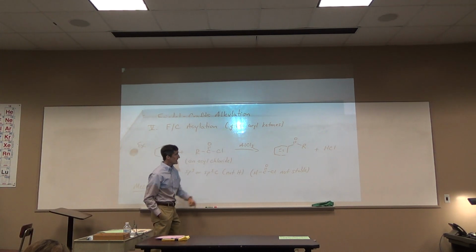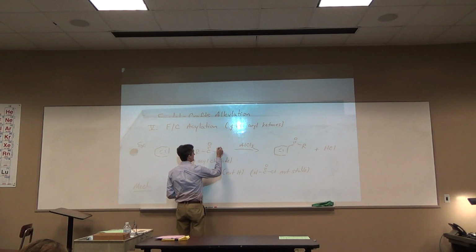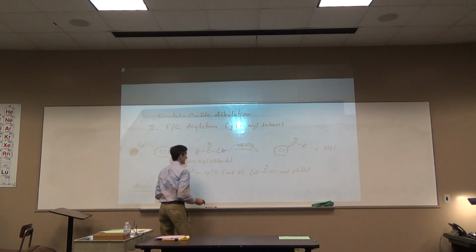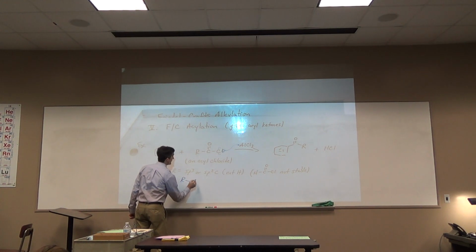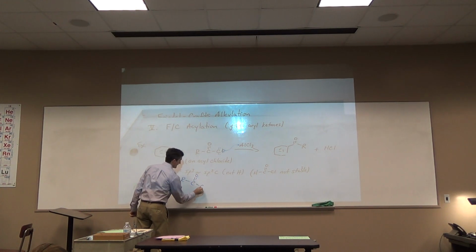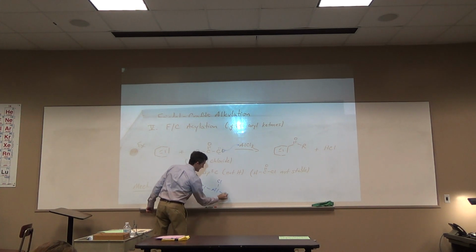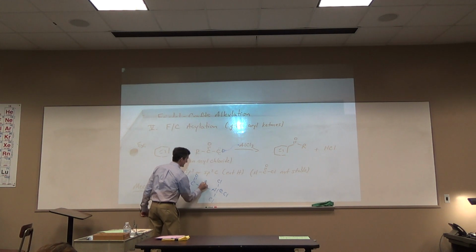Aluminum trichloride. Mechanism very similar. Let's look at it. First step is the chlorine here will add to the Lewis acid, and that will give Al minus, making the chlorine positive.